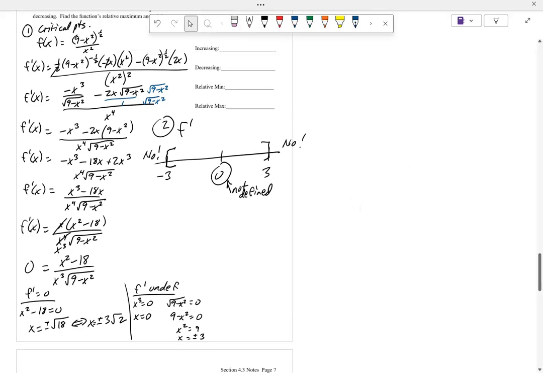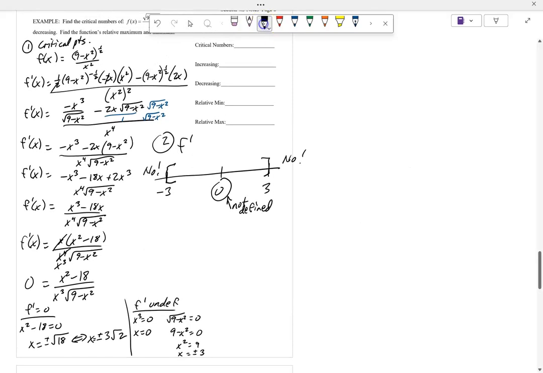Okay. So my only critical numbers here are -3 and 3. 0 does not count because 0 is not defined in the original, but we're still going to test around it. Again, I need to emphasize that. Not defined, so not a critical point, but test around 0. You still want to test around 0.